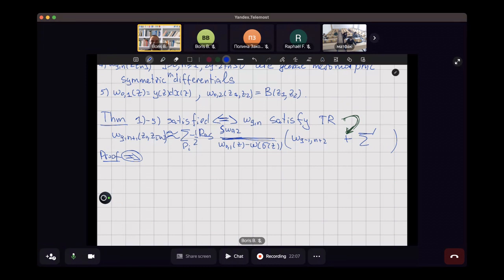So if I have a one form in one variable, let lambda of z be a one form, then define S of lambda of z.